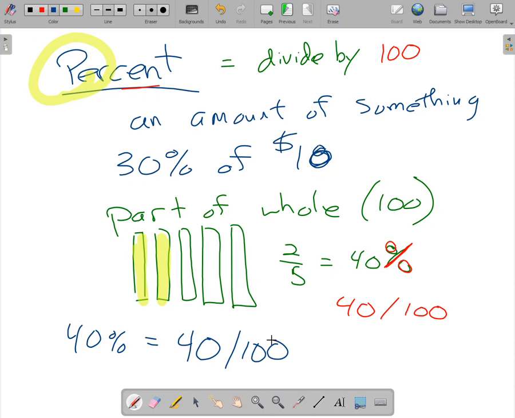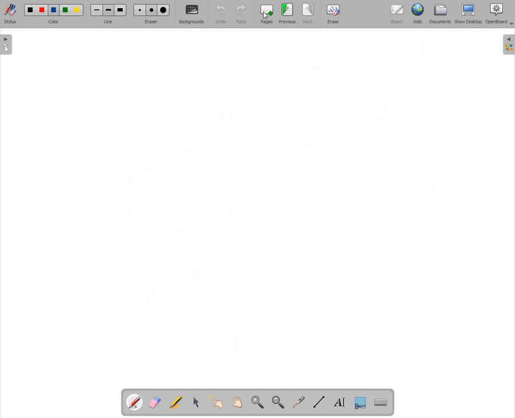So let's try both ways. New page. 40% equals 40 out of 100. I'll write it as a fraction first. Can we reduce that? If so, how? Divide by 40.